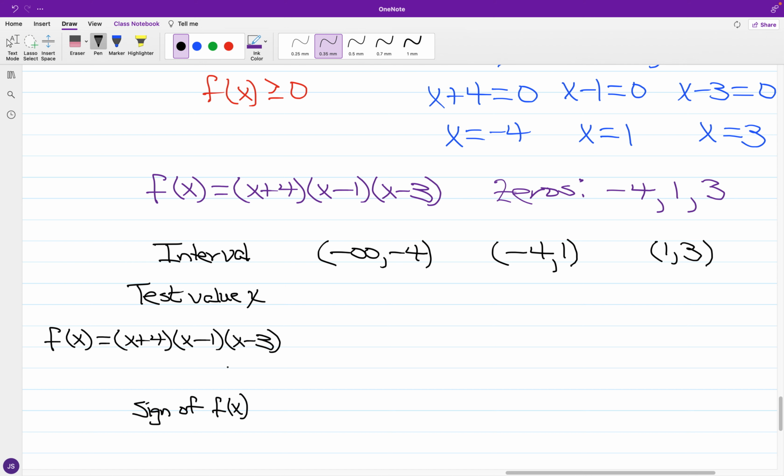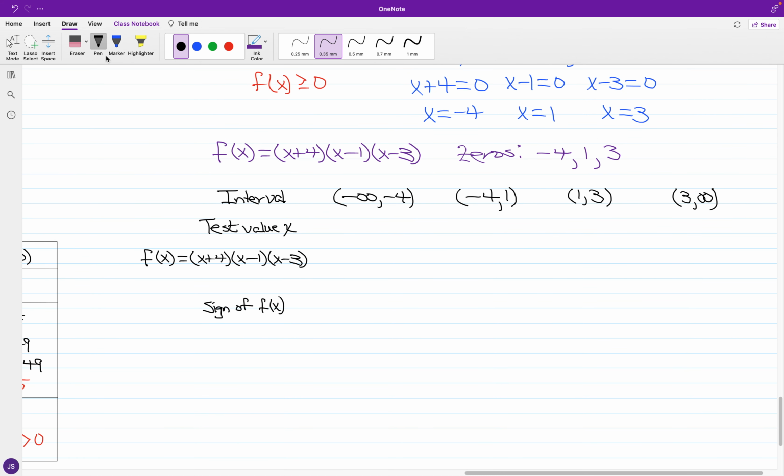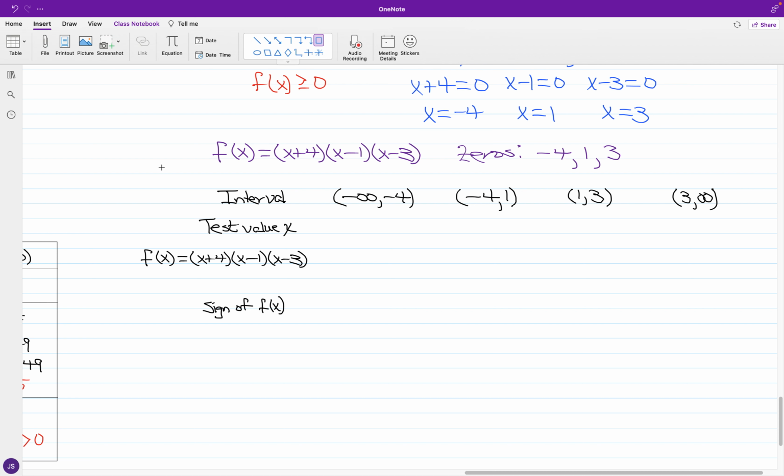And we have again the sign of f of x. Okay, so just creating table space.